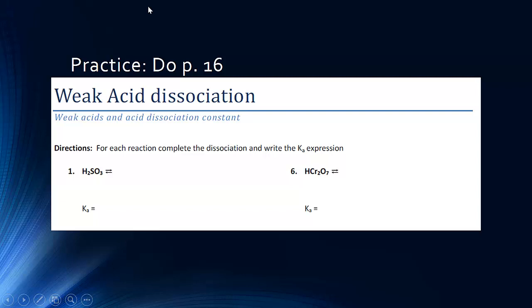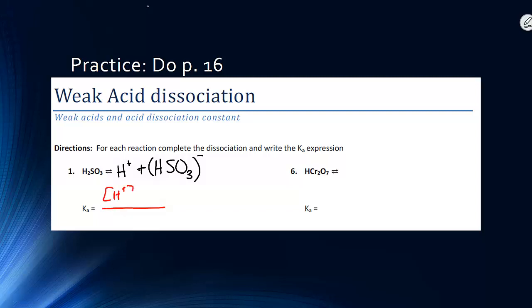So in your packet on page 16, you have already written the dissociation for these acids. So for sulfurous acid becoming hydrogen and the bisulfite ion, you're asked to write Ka. Remember, it's just products over reactants.